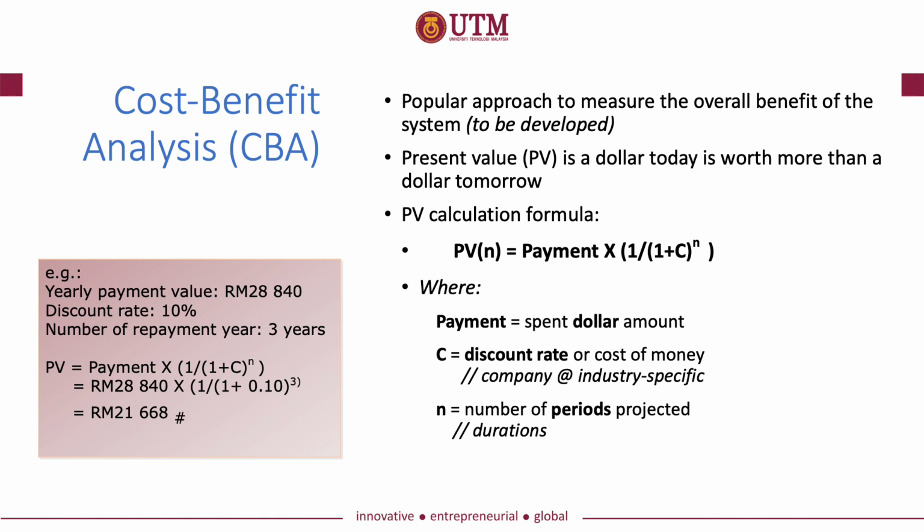The discount rate is normally decided by the company and depends on the specific industry in the country. And finally, small letter n represents the time duration to estimate the projection period. Given the example as shown in the slide, the PV is 21,668 ringgit Malaysia for the project that spent an amount of 28,840 ringgit for a 3 year project duration with a 10% discount rate.